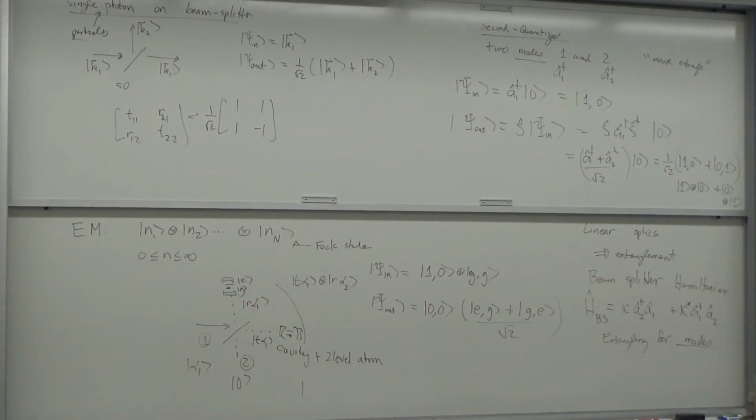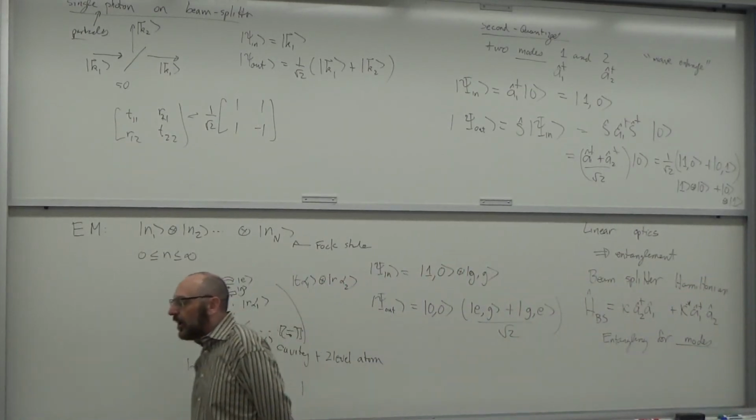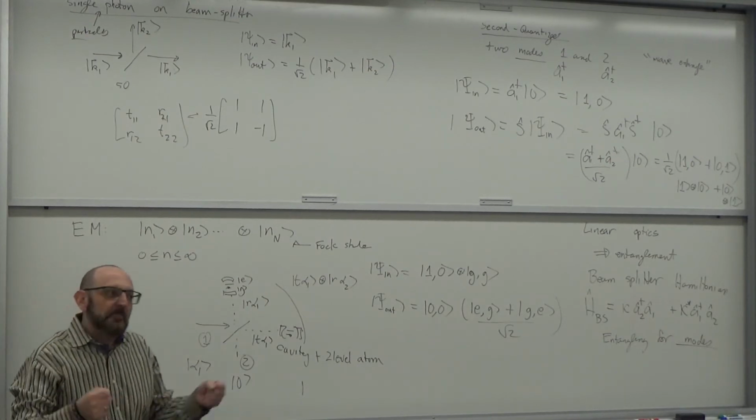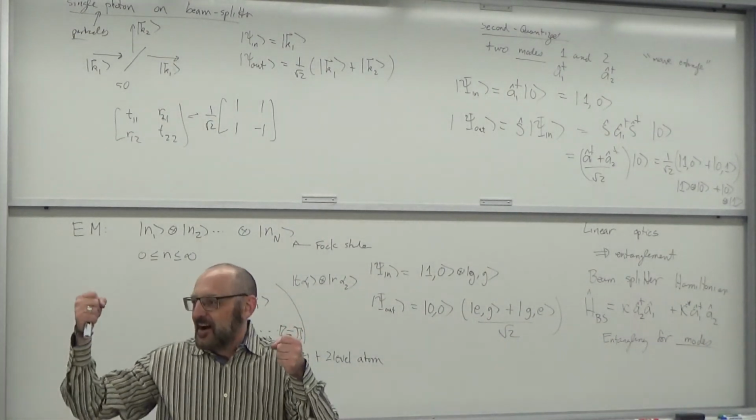Yes, sir? So is it in a sense saying that the entanglement depends on the degree of freedom we are interested in? That's correct. And we saw that last time when we thought about two particles connected by a spring. I could have a definite relative coordinate and a definite center of mass coordinate, but entanglement between the individual coordinates of the two particles.